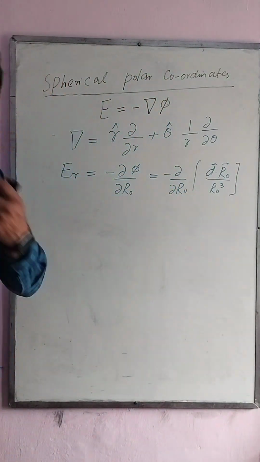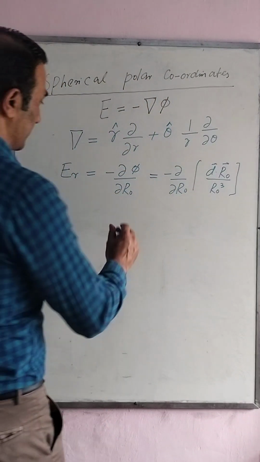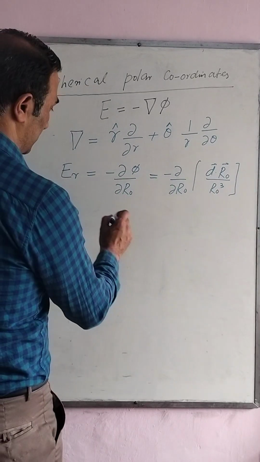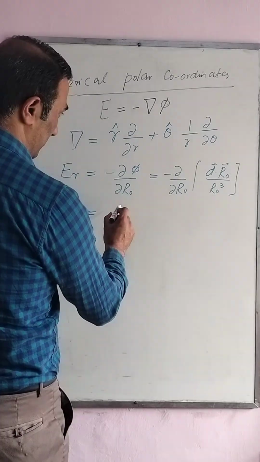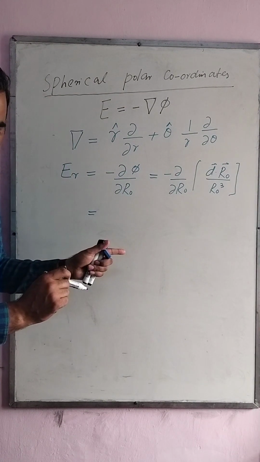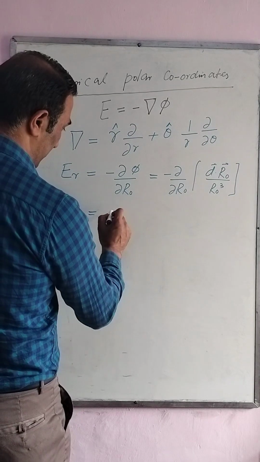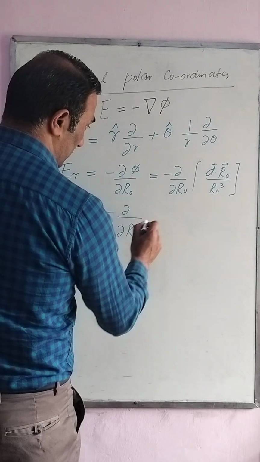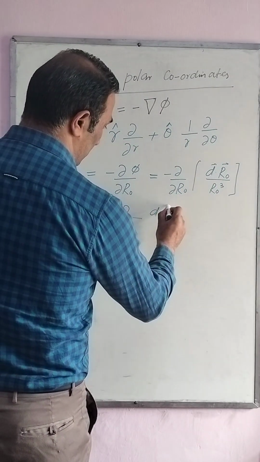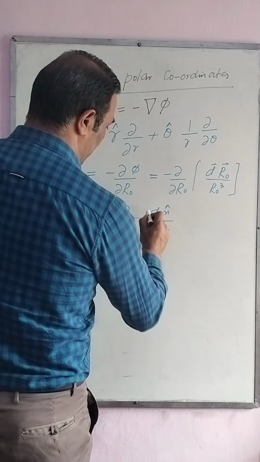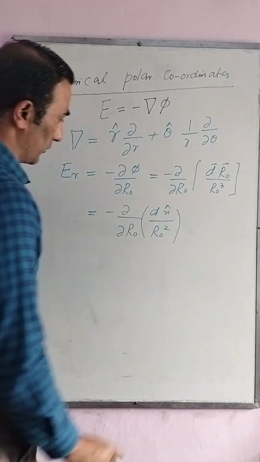So this will be equal to minus partial by partial r naught of phi, and this is d dot n by r naught squared. Now you differentiate this.